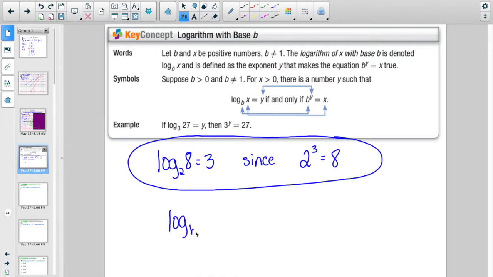Log base b of x equals y if and only if, which means it goes both ways, b to the y equals x. Notice that my log base becomes my exponent base, and my x and y swap places. So that's how you switch from exponential form to log form, or from log form to exponential form.